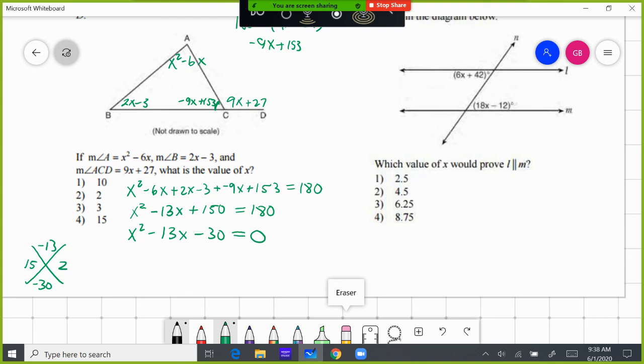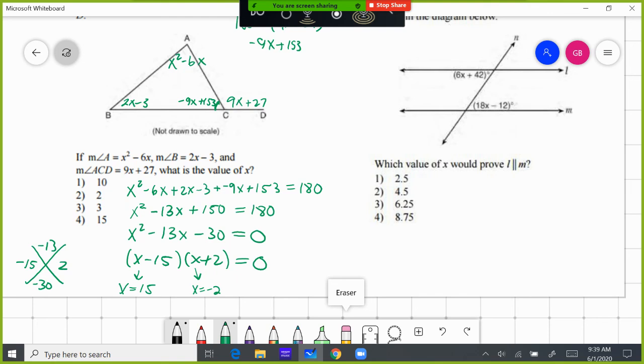It's going to be 15 and 2, but the 15 has to be negative. Okay, so I factored it. Now, numbers that make this 0: 15 and negative 2.